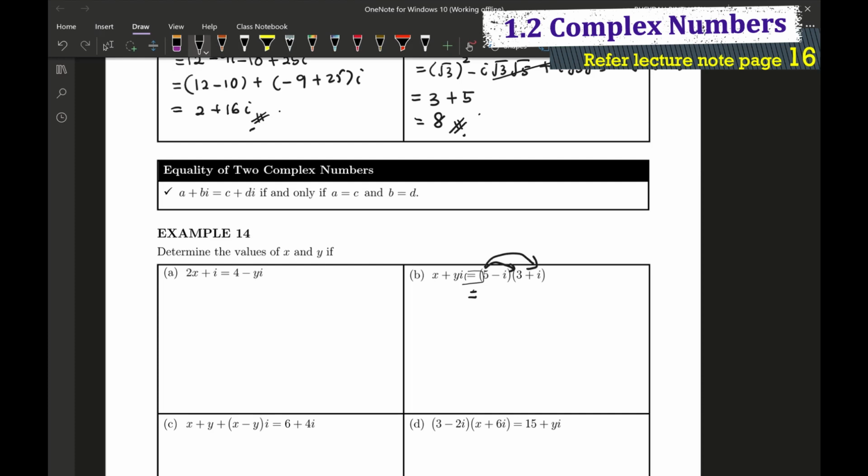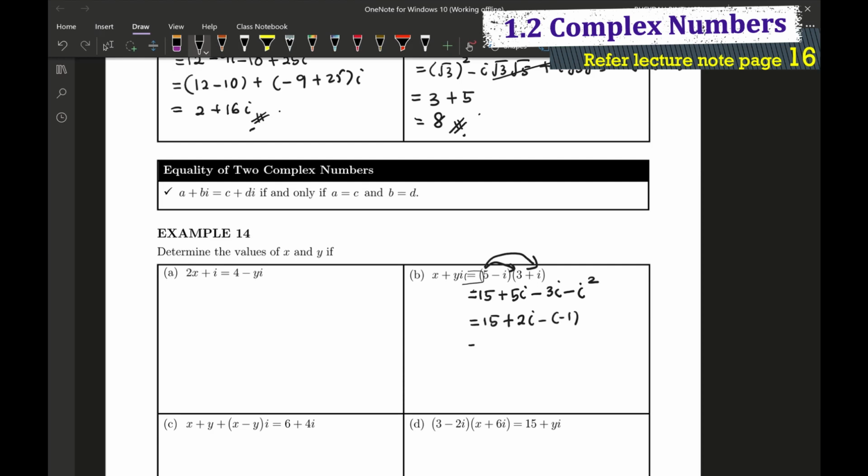5 multiplied by 3, we get 15, plus 5i minus 3i minus i squared. From here, by definition, i squared is equal to negative 1. So 15 plus 5i minus 3i, which equals 2i, minus negative 1.